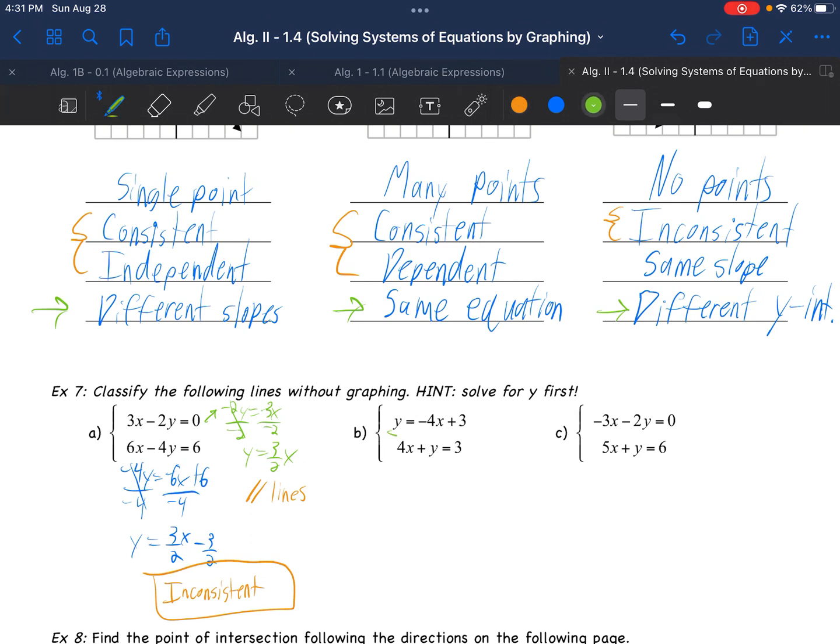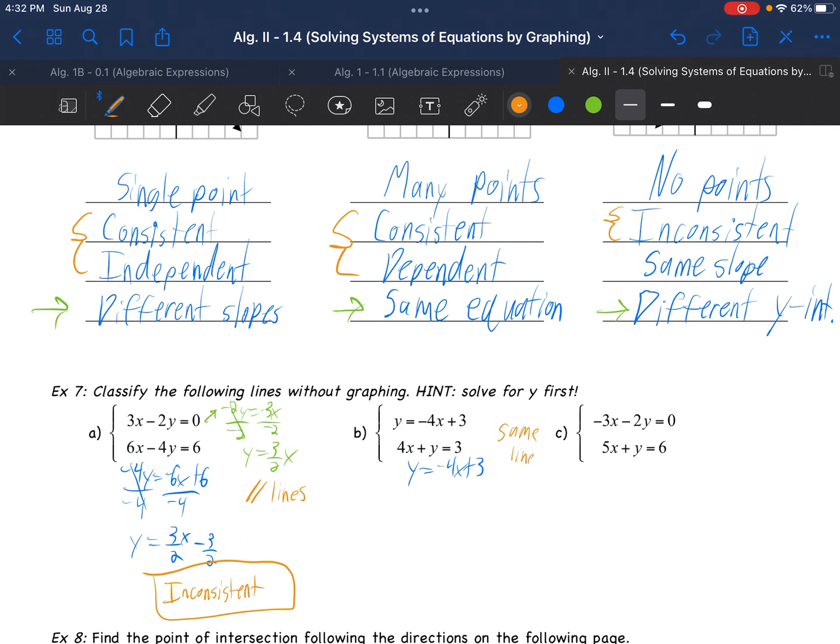On to the next system. This first equation is already solved. The second equation isn't. So we solve it, and we're going to have subtracting the 4x, which I'm going to just do my work right below, and we get y equals negative 4x plus 3, and boom, that one's already solved. Now we might already notice, hey, wait a second, these equations are the exact same.